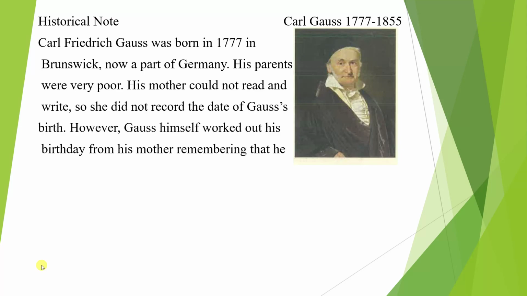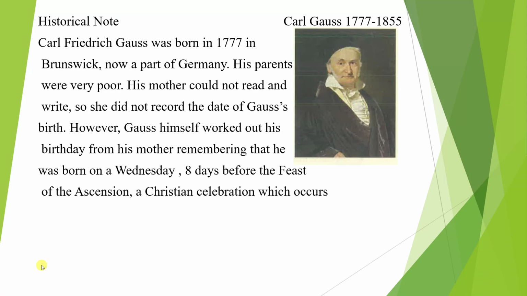Gauss himself worked out his birthday from his mother, remembering that he was born on a Wednesday, 8 days before the feast of Ascension, a Christian celebration which occurs 40 days after Easter.